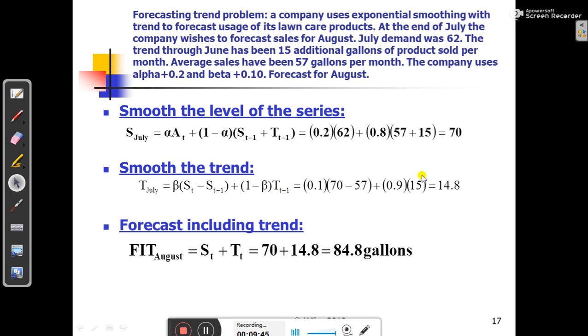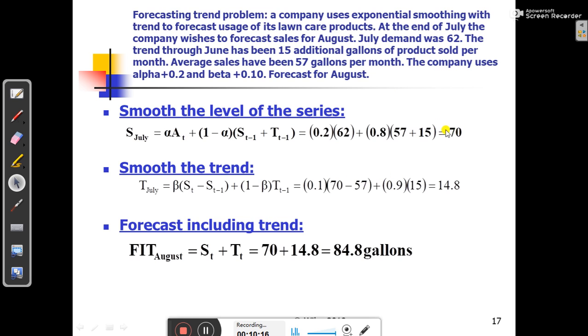So that average is actually going to change here to 14.8. We are smoothing that trend value, 14.8, and the other value is smoothing the level of the series. Though we are getting 57 or 62, demand is 62, and we are adding this 15, after smoothing the level might be around 70.